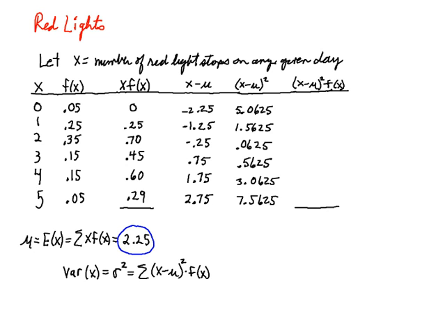And that column is going to be added up to give me my variance. Okay, let's start the calculations here. I'm going to take 5.0625 and multiply it by f of x. That'd be 0.05. And that will give me 0.2531.